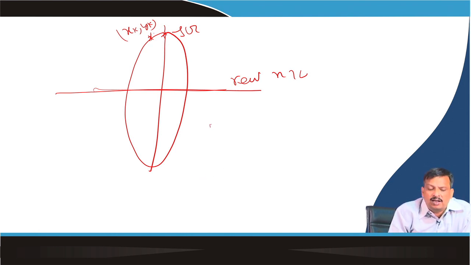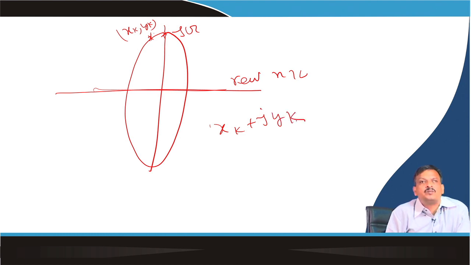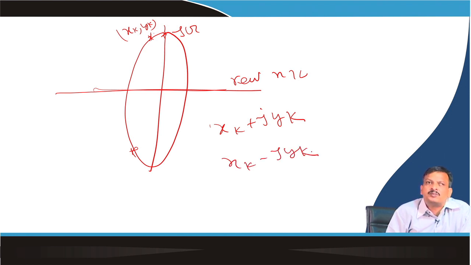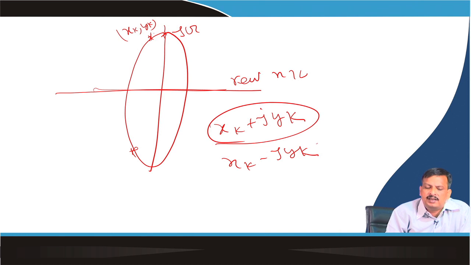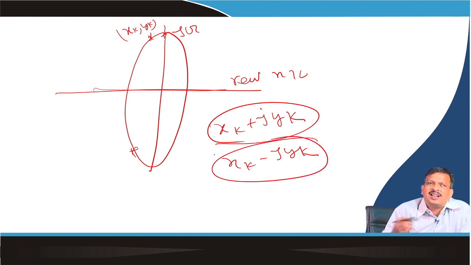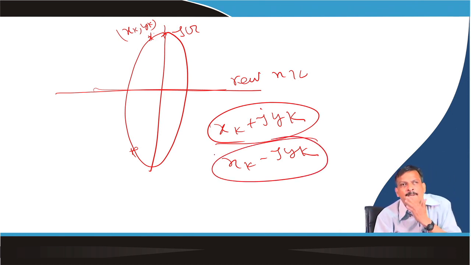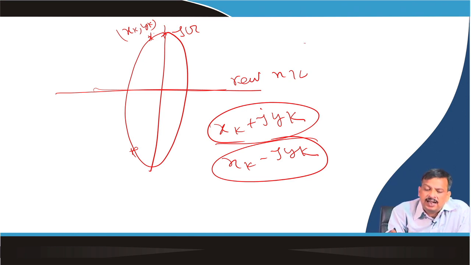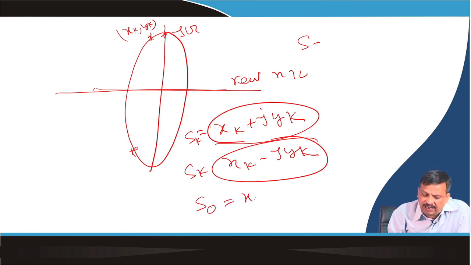The pole is xk plus jyk, and another one is the complex conjugate, xk minus jyk. So, this is one pole, this is another pole. Once I know the values of xk and yk, I know sk, which means the pole position. So, S0 is xk plus jyk.